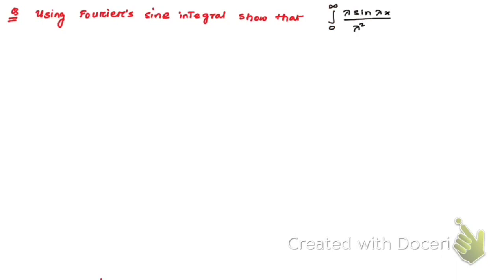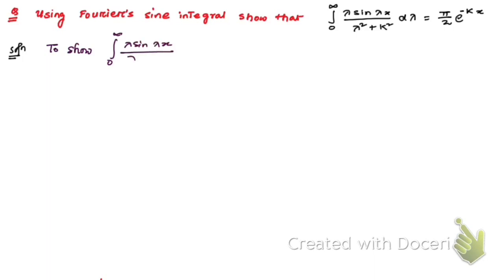Now let us solve a problem here. The question is: using the Fourier sine integral, show that this integral is equal to pi by 2 e to the power minus kx. Okay, so let us solve this. First let me write what is given and what we need to show. So that is what we need to show, right?